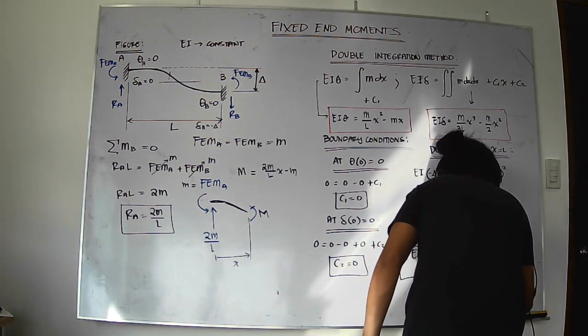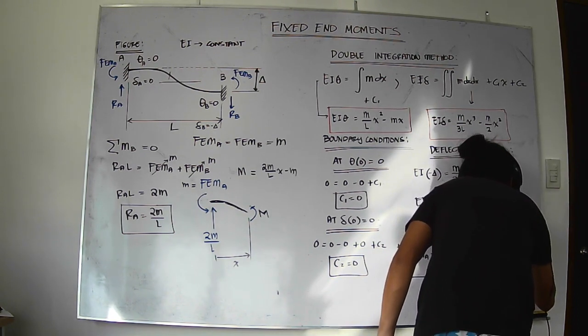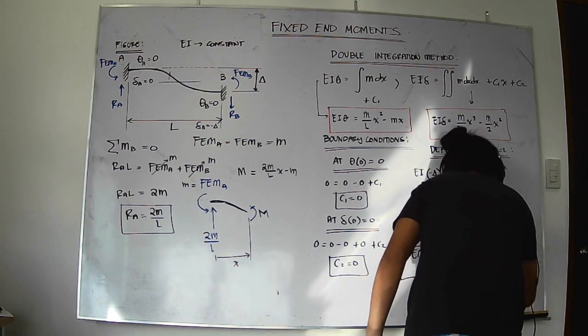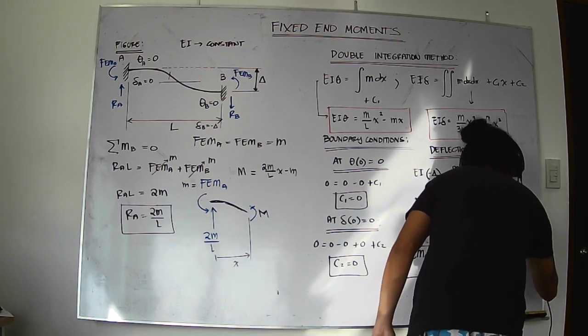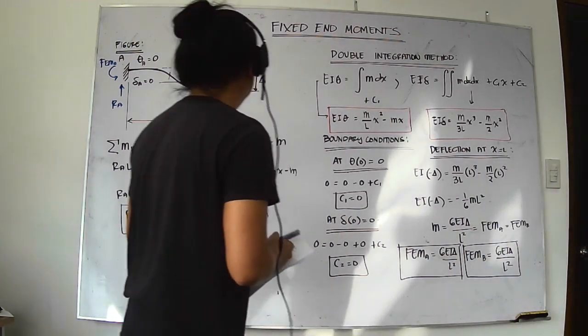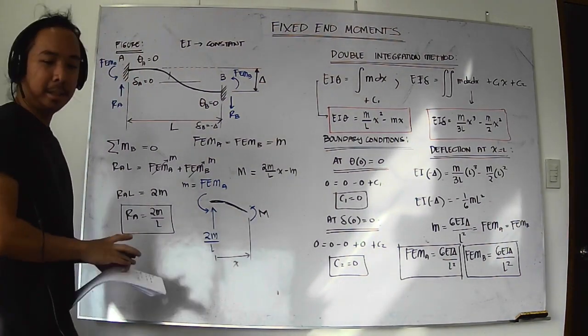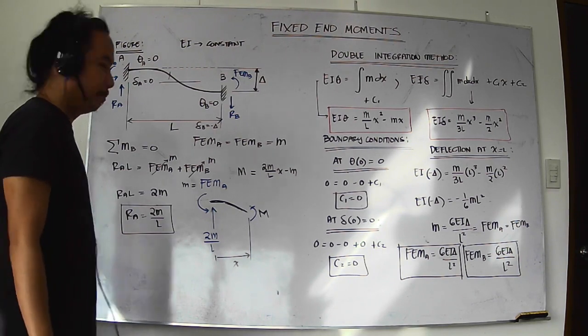FEMB is equal to 6EI delta over L squared. So this is our quantity for fixed end moments in this case. Okay?